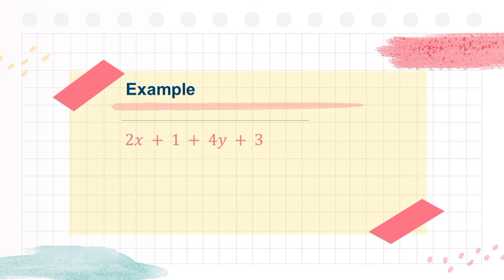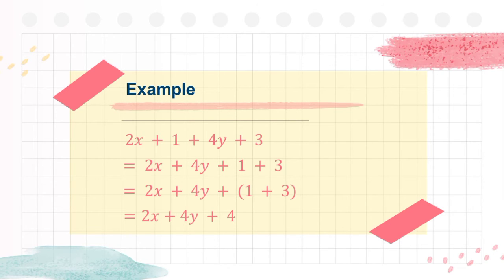Then we can write it as equal to 2x plus 4y plus 1 plus 3. Then we add up, equals 2x plus 4y plus open bracket 1 plus 3 close bracket. So the result we get is 2x plus 4y plus 4.